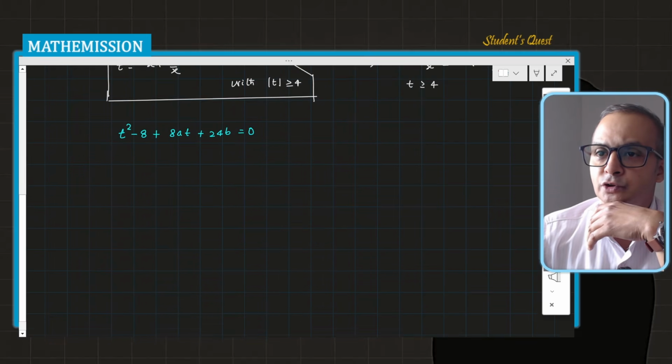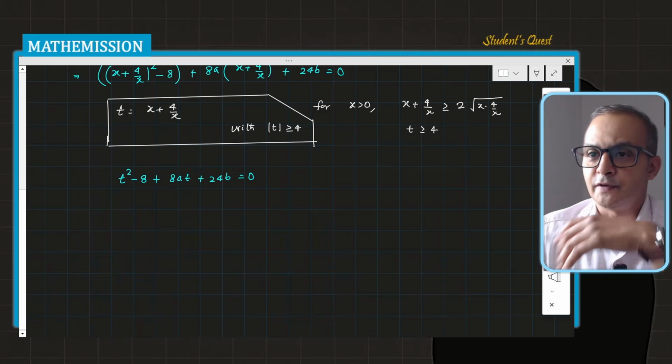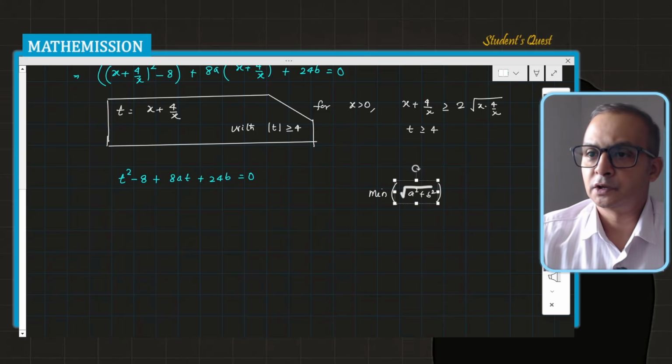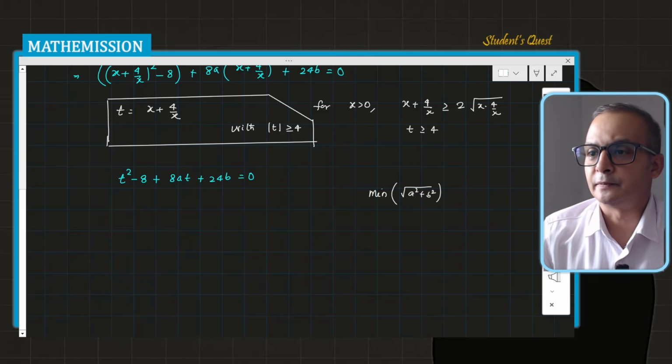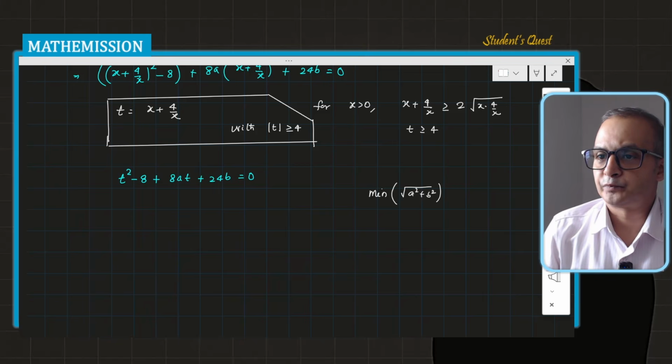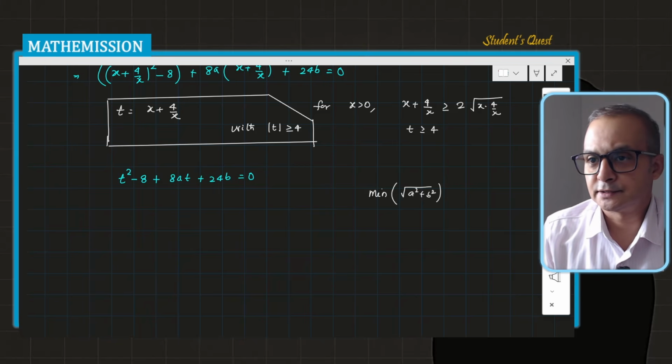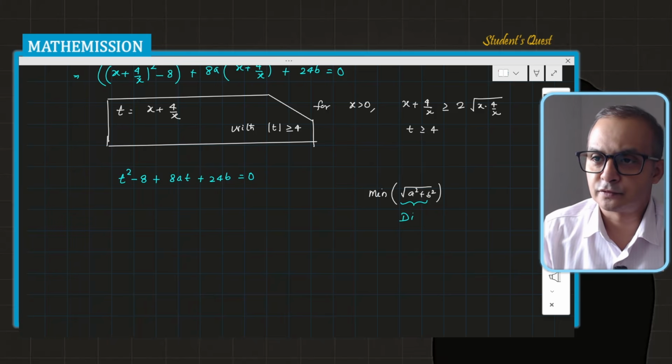If you look at this value, it is the distance of the point (a, b) from the origin.